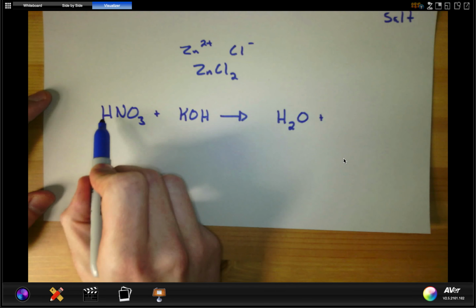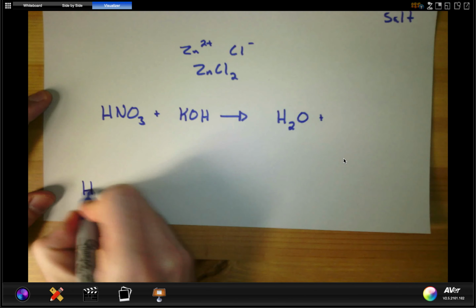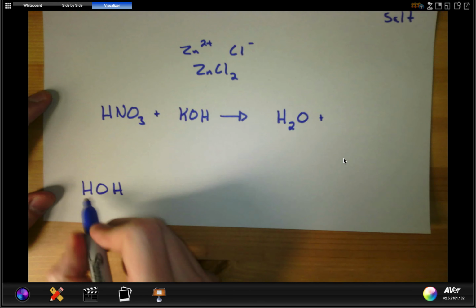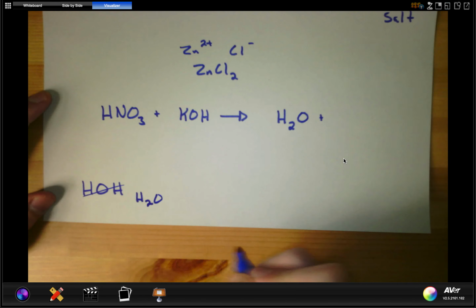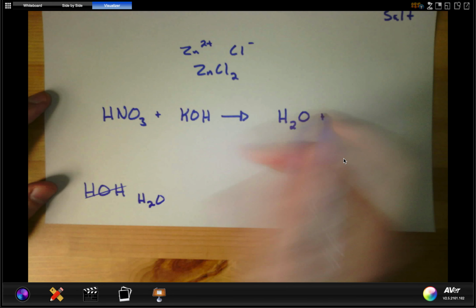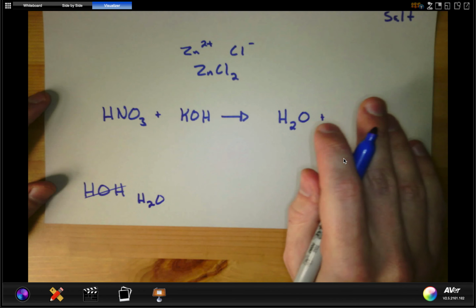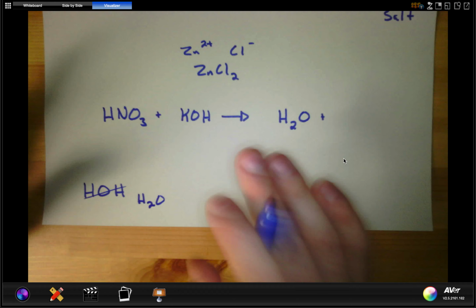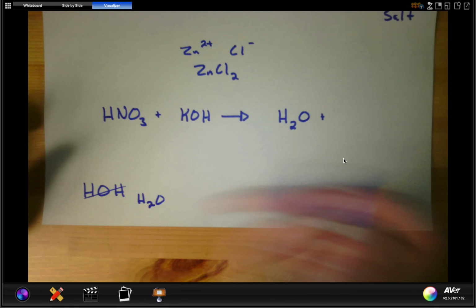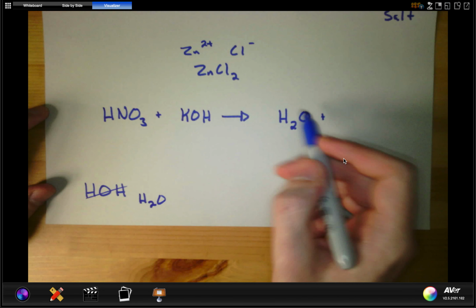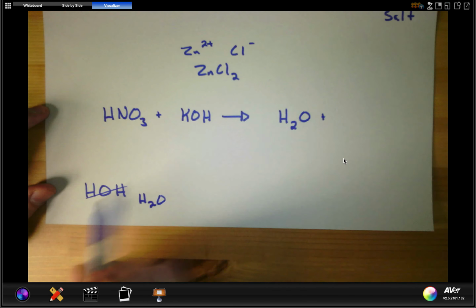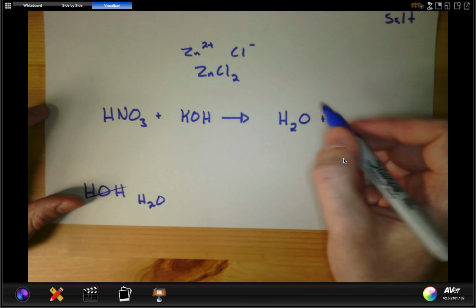If you combine the H, the O, and the H, 2 H's, 1 O, that's H2O. So when you mix an acid and a base, you always get water, which is neutral. We'll talk about pH later in this unit, but a pH of 7 is totally neutral, and that's just pure water. That's why they cancel each other out and become neutral, because they make pure water from HOH, that's H2O.